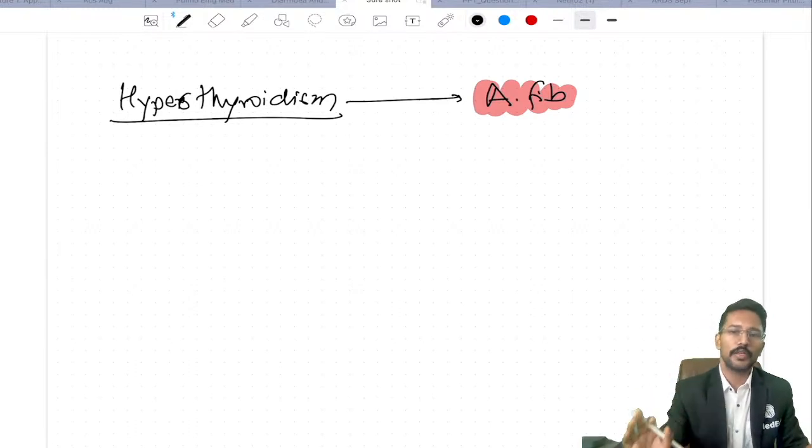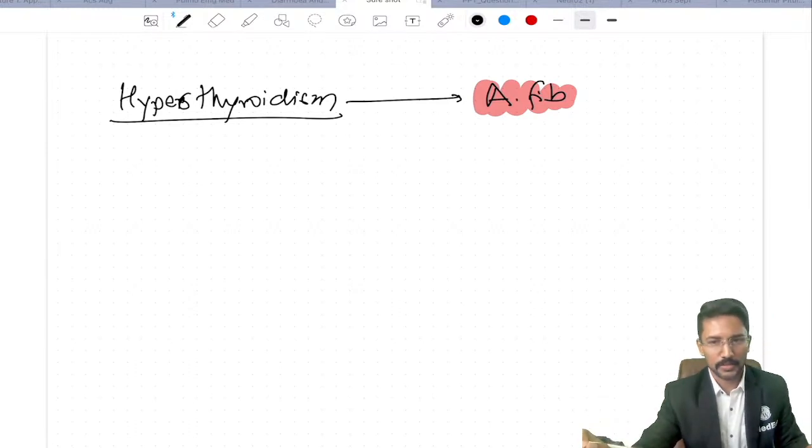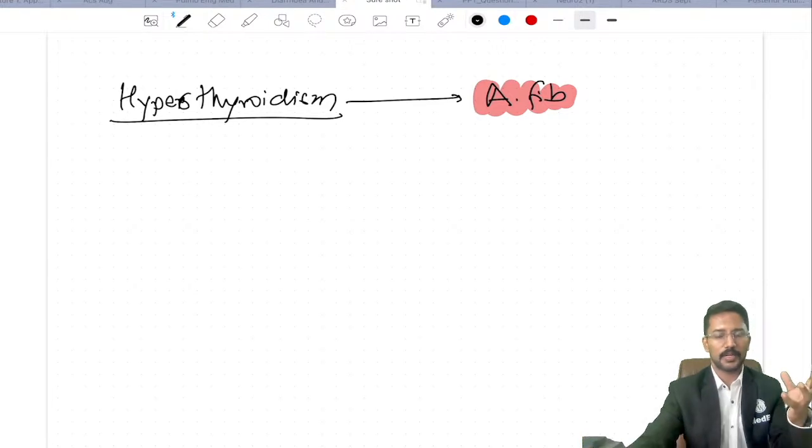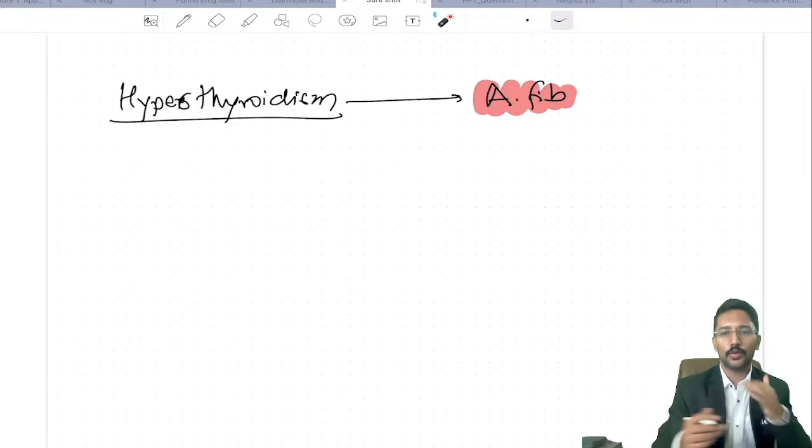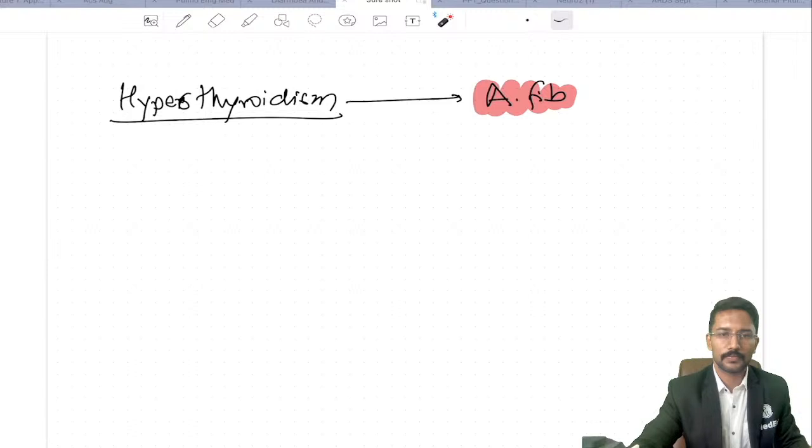What is the most commonly used antiarrhythmic drug for atrial fibrillation? You have a patient with atrial fibrillation. If he is hemodynamically stable, you are giving him pharmacotherapy, right? You are trying to control his rate, giving beta blockers and all, and you are trying to set the rhythm back to normal sinus rhythm by giving antiarrhythmics. The drug that we use is amiodarone. Okay, is amiodarone good for your thyroid?